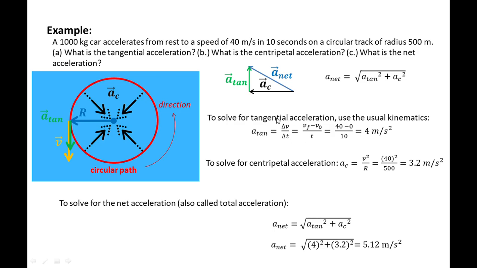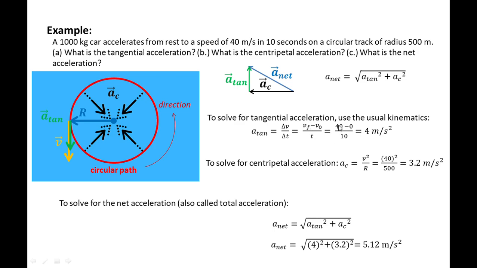So to solve for the tangential acceleration, which is the acceleration that causes the change in velocity, all we have to do is use the usual equation for the calculation of acceleration. So the tangential acceleration is just the change in velocity per unit of time, which means that we have here the final velocity minus the initial velocity divided by the time it takes for this change in velocity.